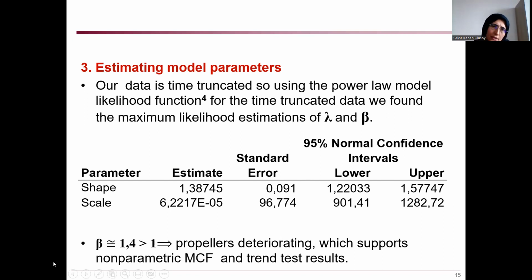Here we have to look at the value of beta. Beta is approximately 1.4, which is greater than 1. So we can again conclude that propellers are deteriorating. This supports the non-parametric MCF result and the trend test results.